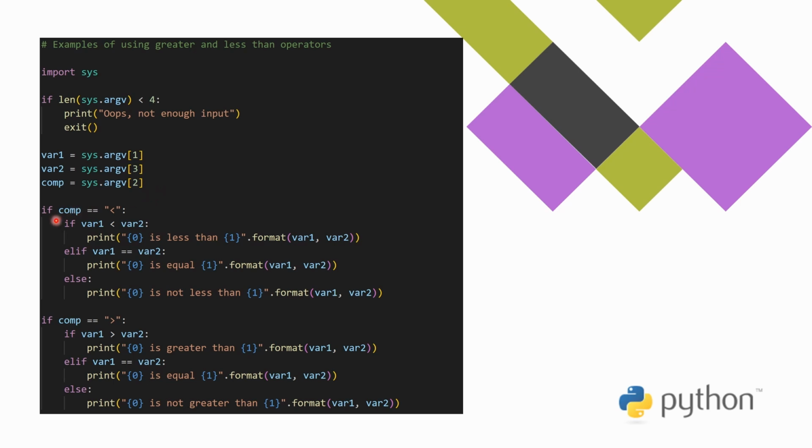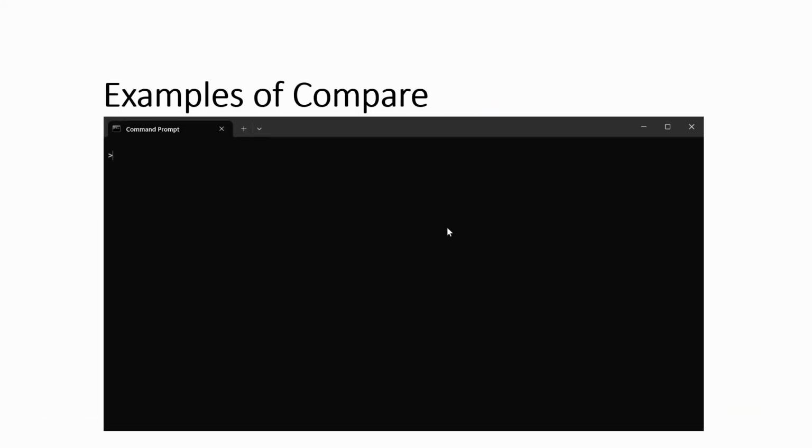If the compare is this one, then it's going to do the comparison. And if the compare is this one, it's going to do the opposite comparison. So this is really a straightforward bit of code just to demonstrate the difference between the greater than and the less than operator. Now let's take a look and see how these commands actually work in real life.